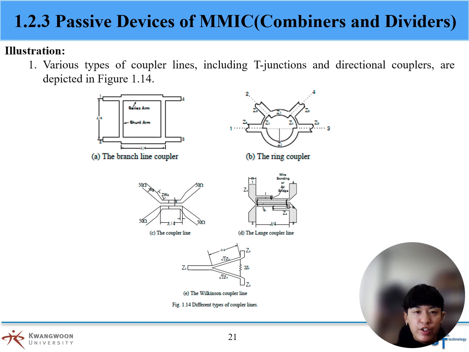And in power division, an input signal is divided by the coupler into two or more signals with reduced power. The types of couplers. Couplers can be categorized into 3-port or 4-port couplers. 3-port couplers include T-junctions and other power dividers, while 4-port couplers include directional couplers and hybrids. This figure shows various types of coupler lines.